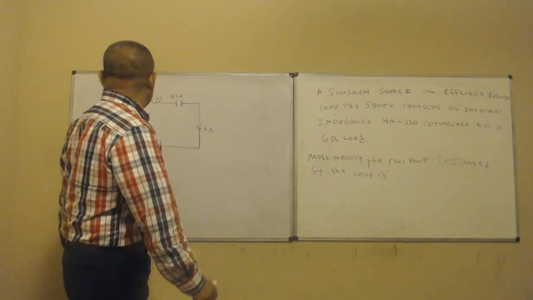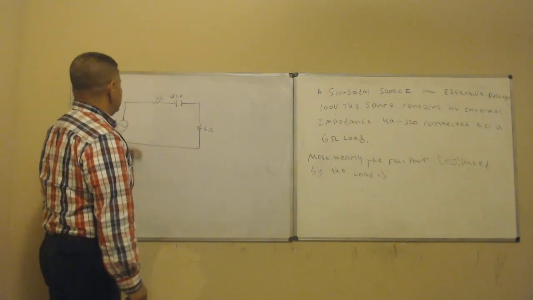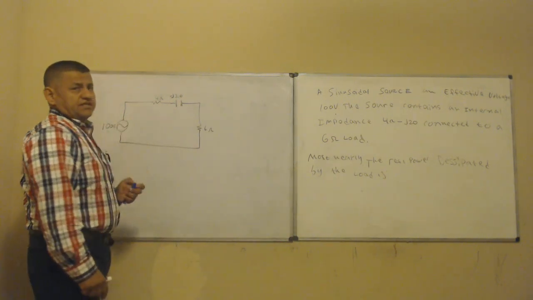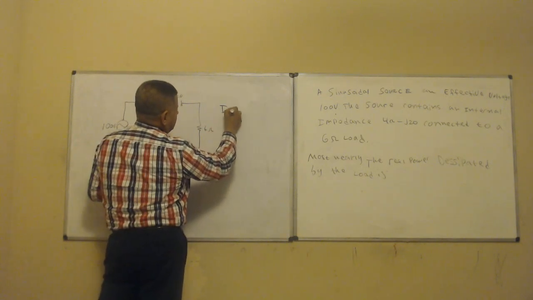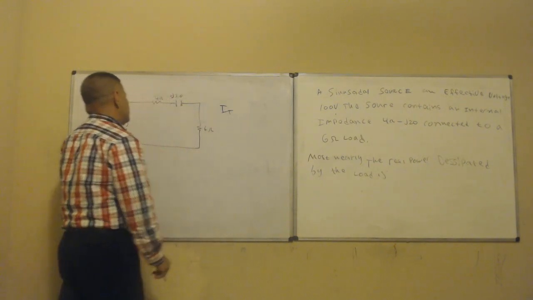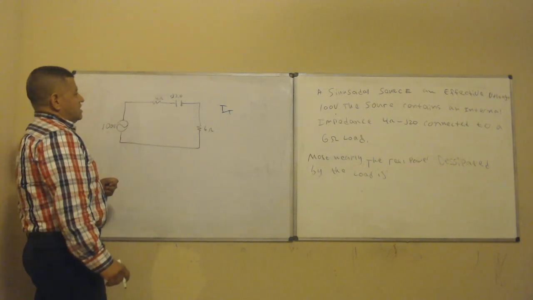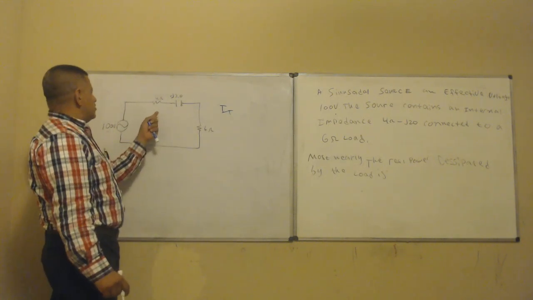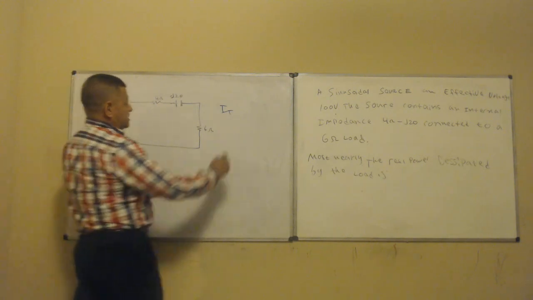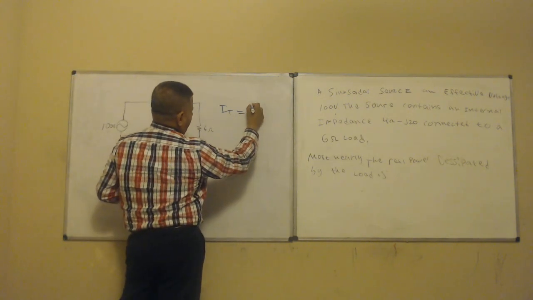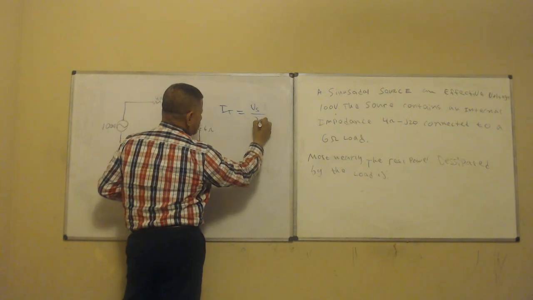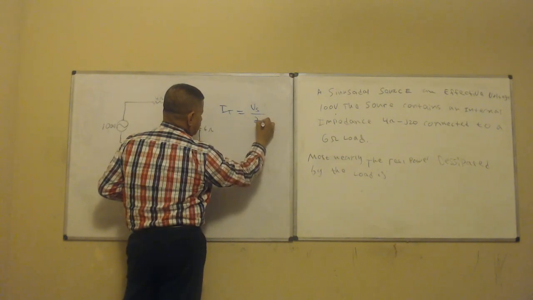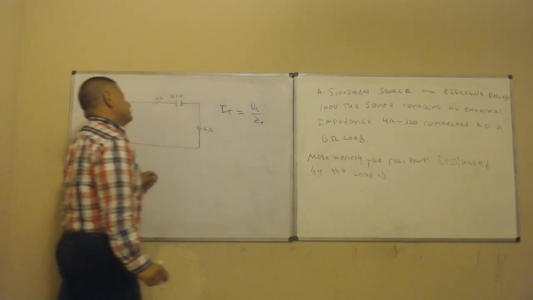Okay, so how will we handle this? First of all, it is a series circuit, so I need to find I total, right? Because it's a series circuit. And we know that in this case it's going to be the voltage source divided by some total impedance, right?